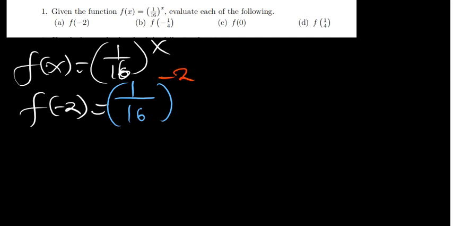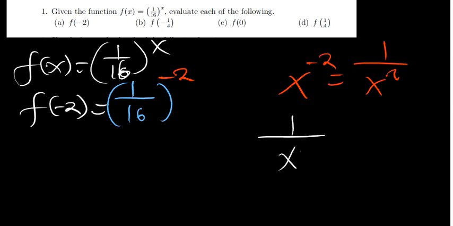Now what we have to understand here is that any number, let's say x raised to the power negative 2, is the same as 1 over x to the power 2. If you have 1 over x to the power 3, this is the same as x to the power negative 3. So if I want to remove the 1 on top, I need to put a negative. If I want to remove the negative, I have to put 1 on top.